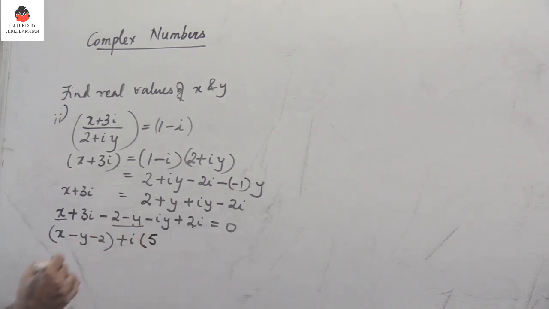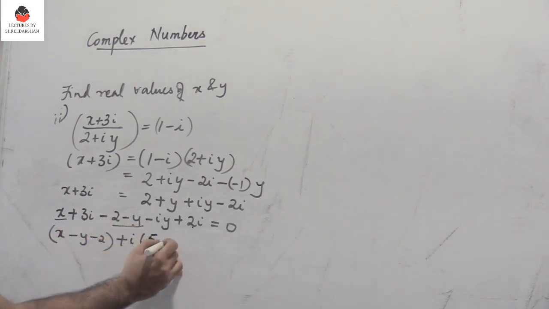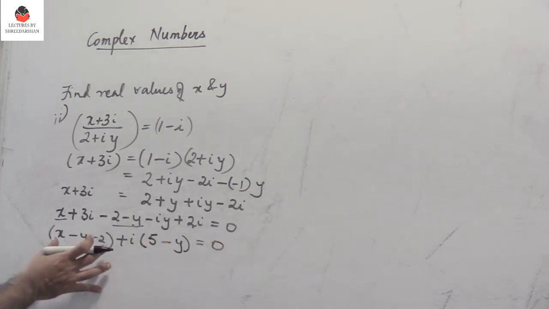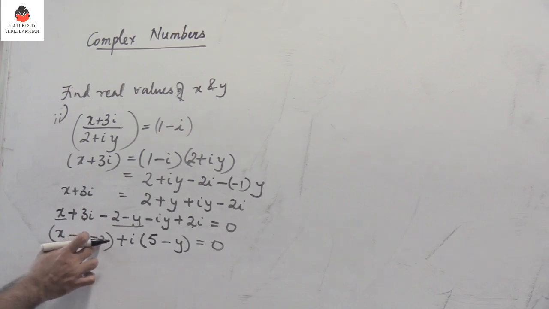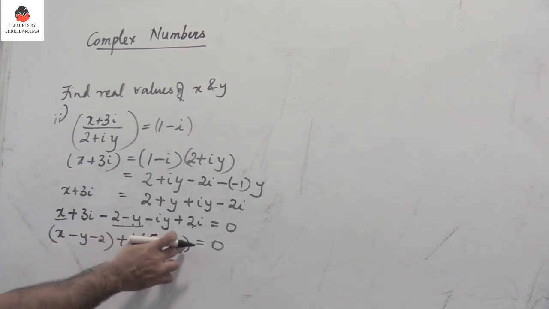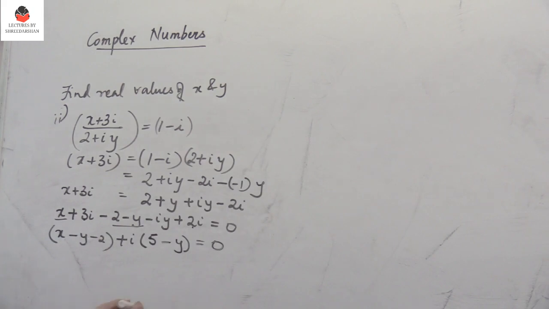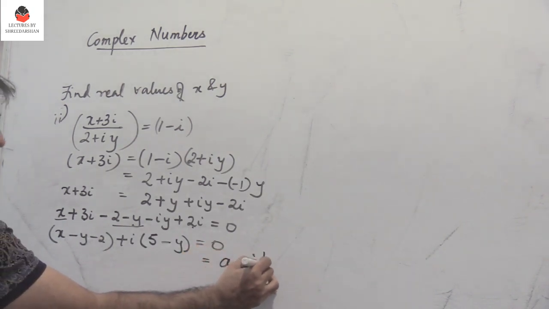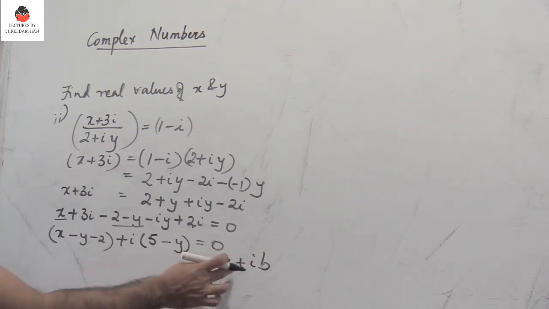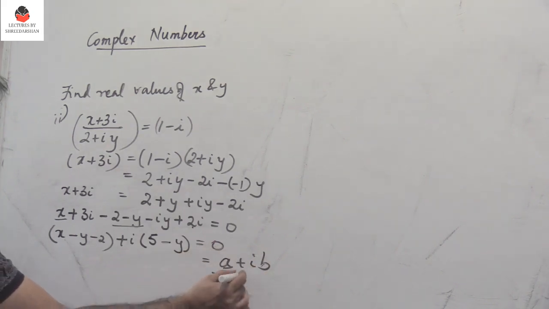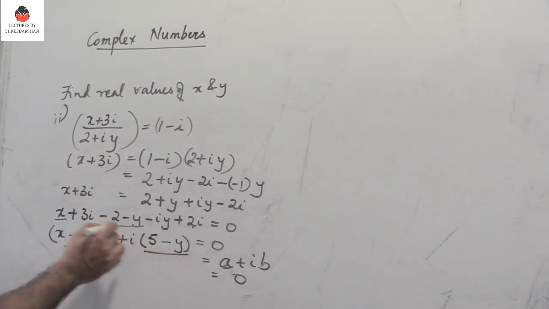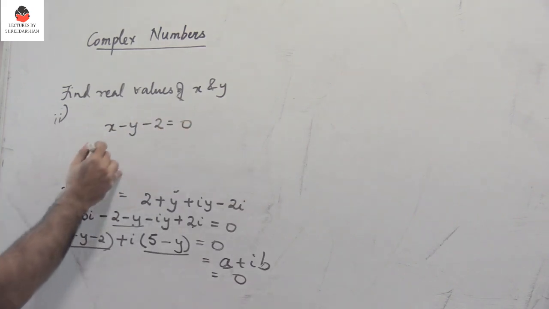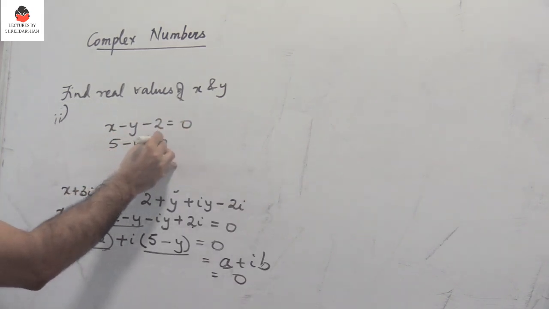So I will write 5 here, and then minus y equals 0. So therefore (x - y - 2) + i(5 - y) is equal to 0, right? So if I have an expression on the right hand side, say a + ib, a is also 0, b is also 0, because the RHS is 0. So I have to equate these two to 0. So x - y - 2 equals 0 and 5 - y equals 0.